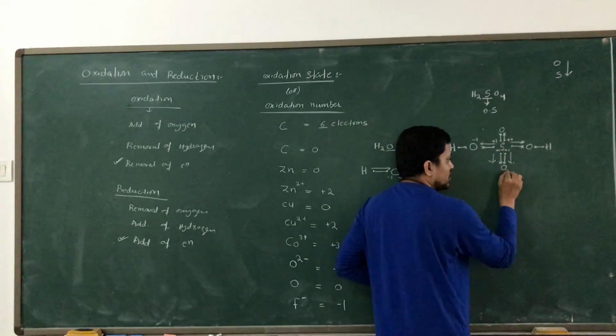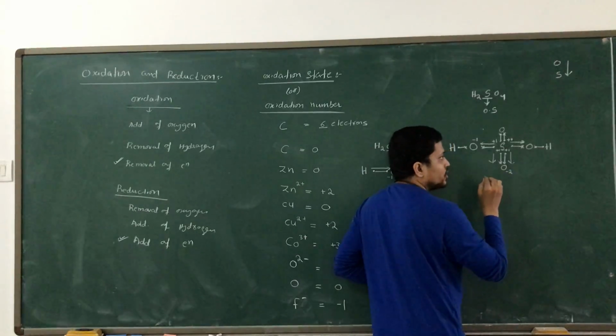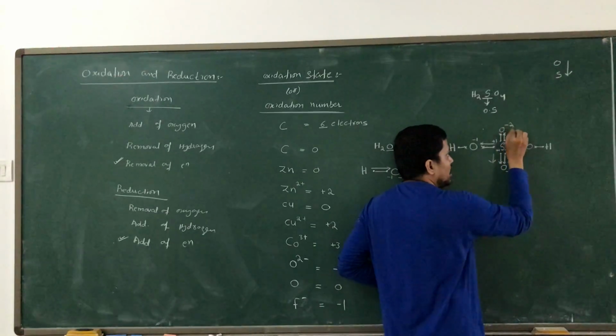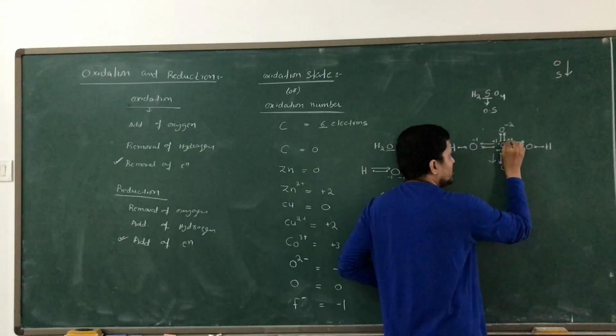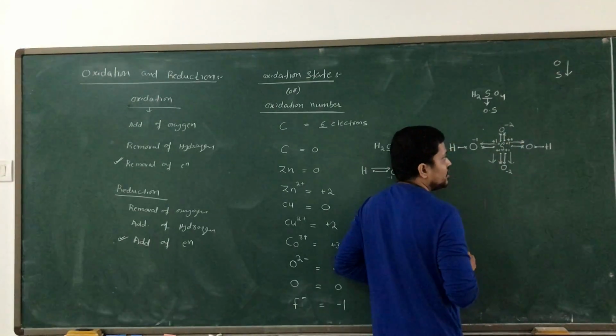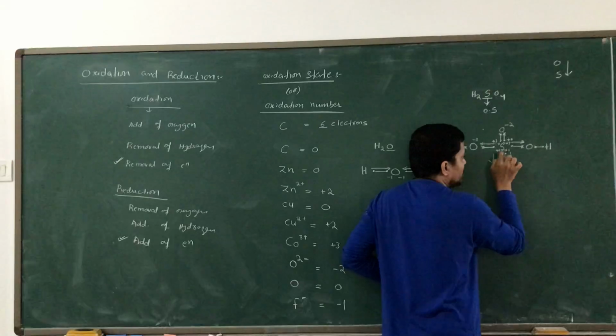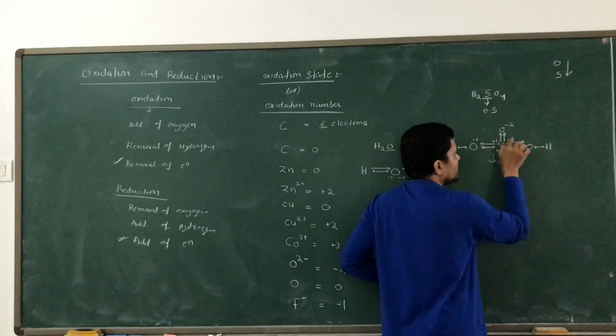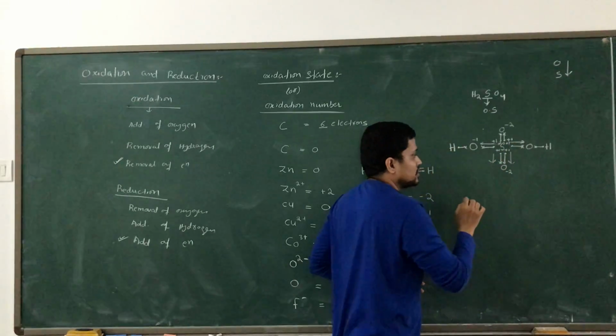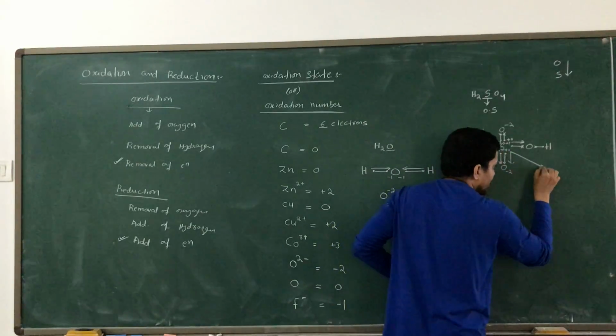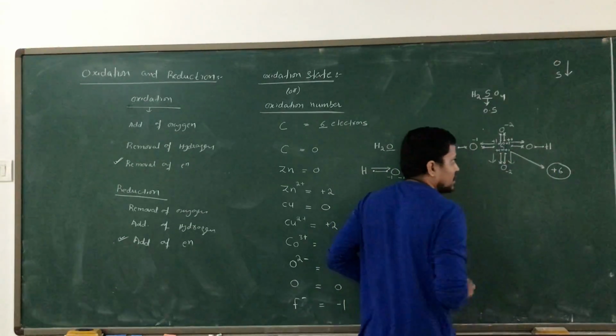And here oxygen gets minus 2. This oxygen is also going to be minus 2, and again sulfur will get plus 1, plus 1. So how many plus did we get? 1, 2, 3, 4, 5 and 6. Total 6 plus. That means the oxidation state of sulfur here is plus 6.